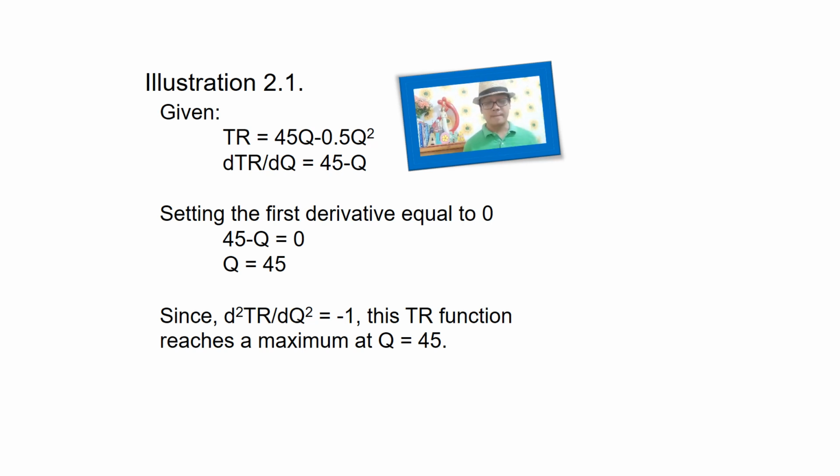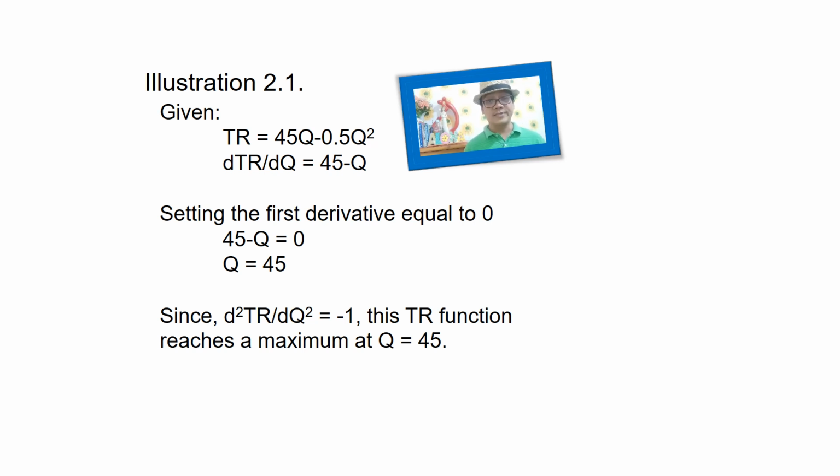Illustration 2.1. Given the following TR function, TR equals 45Q minus 0.5Q squared. Its first derivative, dTR over dQ, equals 45 minus Q. Setting the first derivative equal to 0, we have 45 minus Q equals 0.